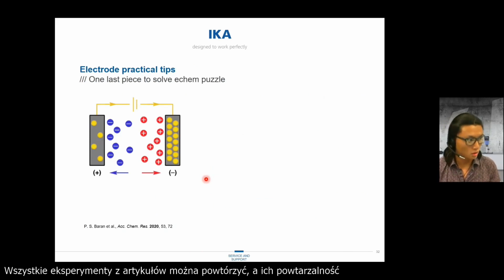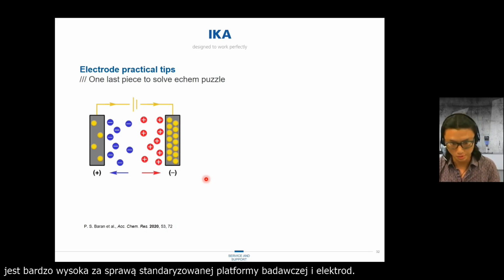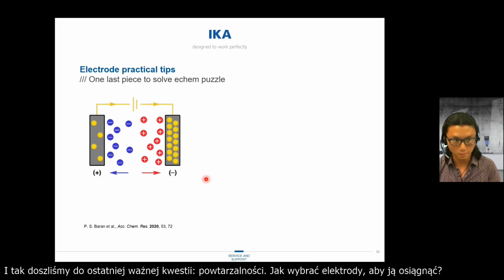All those papers are able to be repeated, and you can experience very reliable reproducibility due to the standardized platform, especially the electrode. And that brings us to one last piece of reproducibility, how to choose the electrodes.